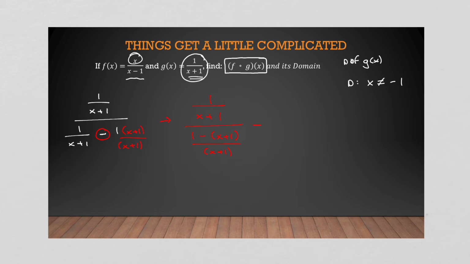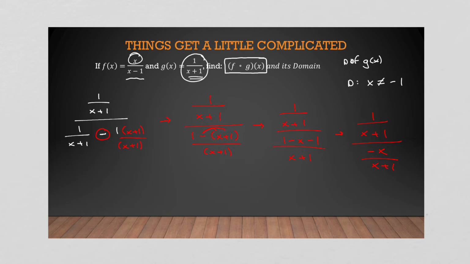Let's simplify a little bit further. 1 over x plus 1 over 1 minus x minus 1, because this negative has to be distributed, which is why I make big emphasis on brackets, and then all over x plus 1. Simplify again. 1 over x plus 1 over 1 minus 1 is 0, so negative x over x plus 1. Now remember, here we are dividing two fractions.